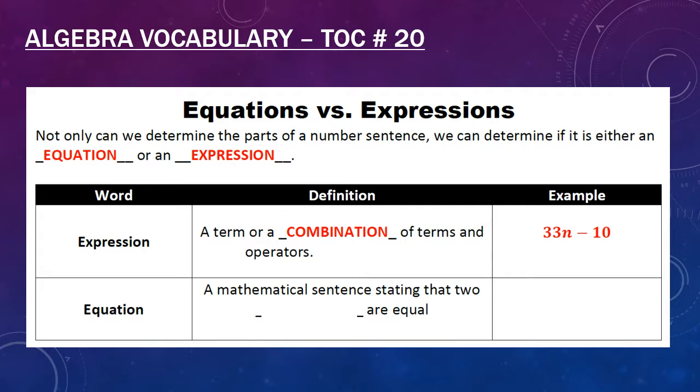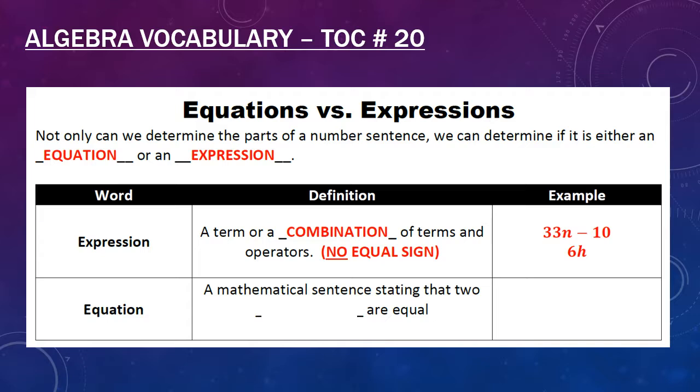It has a combination of a coefficient and variable, an operator, and then a constant, or it could just be 6h, which is one term with a coefficient and variable. It could just be 10 by itself. That's just an expression. All of the order of operations problems that we solve are expressions. There's no equal sign. So that's the key difference, is an expression has no equal sign.